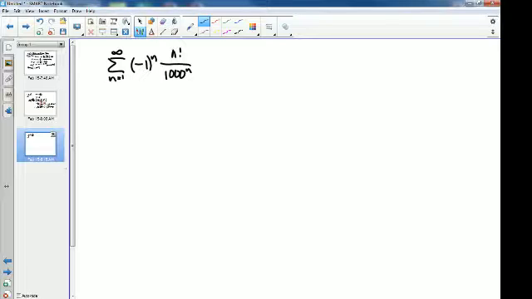Okay, so what's a sub n plus 1? N plus 1 factorial. And you don't even have to write these down now if you don't want to. I just did it to point it out to you the first time. And we know what a sub n is.